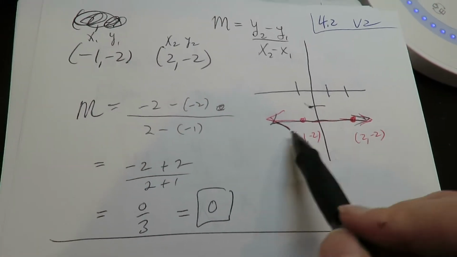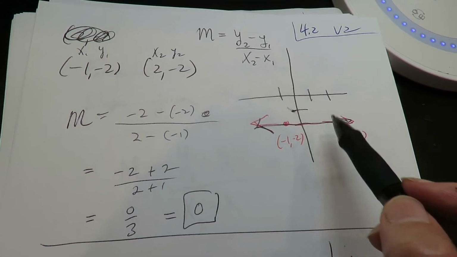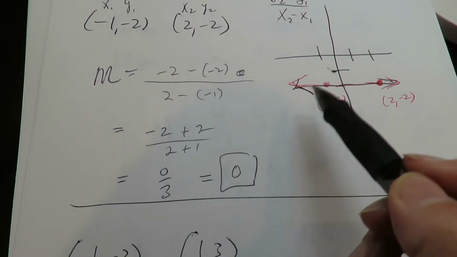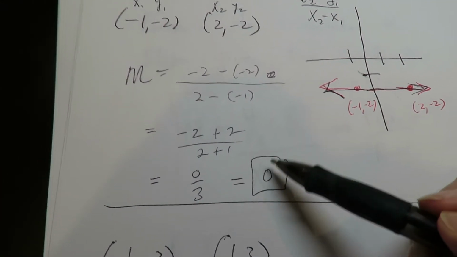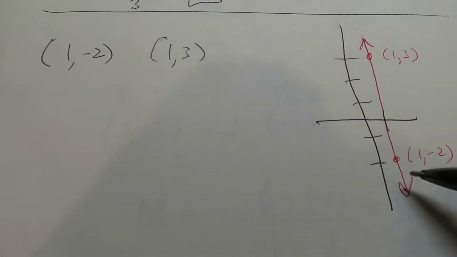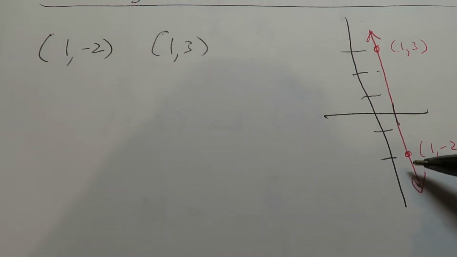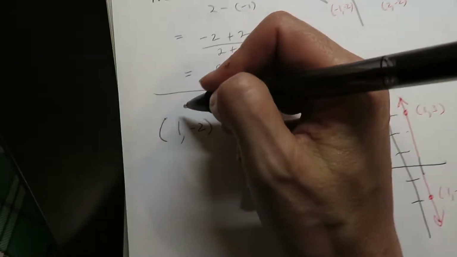I just wanted to show you the connection here. If it's a horizontal line, when you subtract the same point from the same point, that's always going to go to 0, so the slope is 0. And if you get a slope of 0, what you have there is a horizontal line. Likewise with vertical, but in this case the x's are the same value, so the denominator goes to 0 versus the numerator.